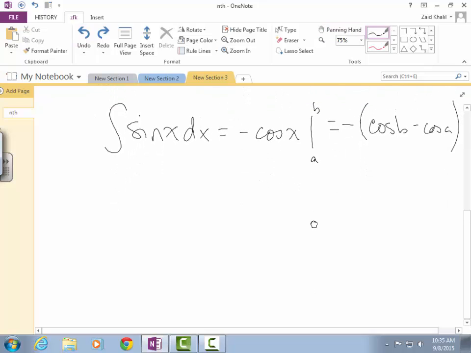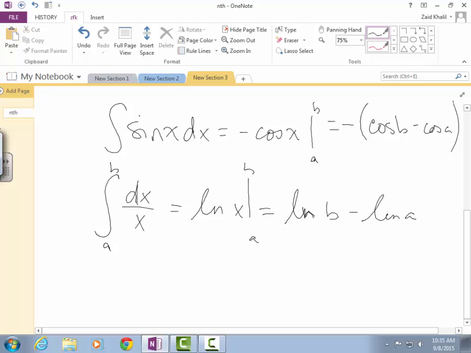And then there's the integral of 1 over x dx, from a to b, which is ln of x from a to b, equal to ln of b minus ln of a. And then, of course, there's e to the x dx, from a to b, which is e to the x from a to b, which is e to the b minus e to the a.